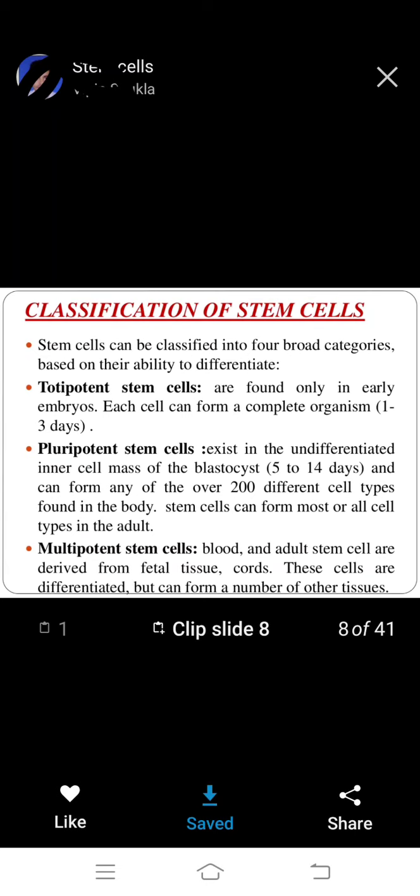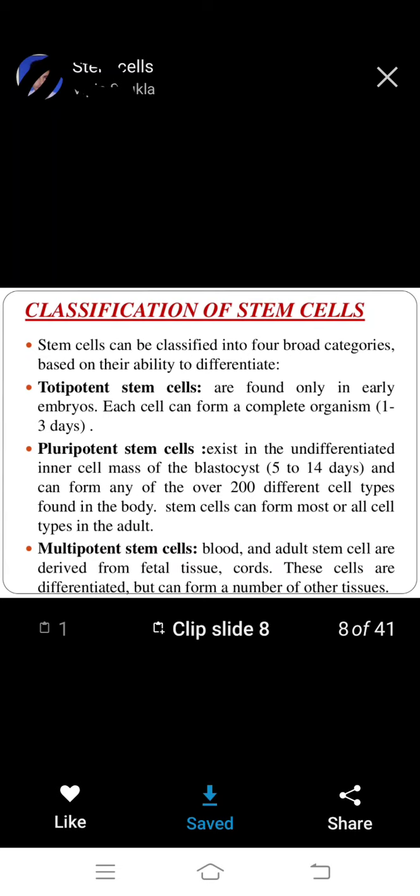Okay, classification of stem cells. Stem cells are classified into four broad categories based on their ability to differentiate. First is totipotent cells, second is pluripotent cells, third is multipotent cells, and another is unipotent. First, totipotent.